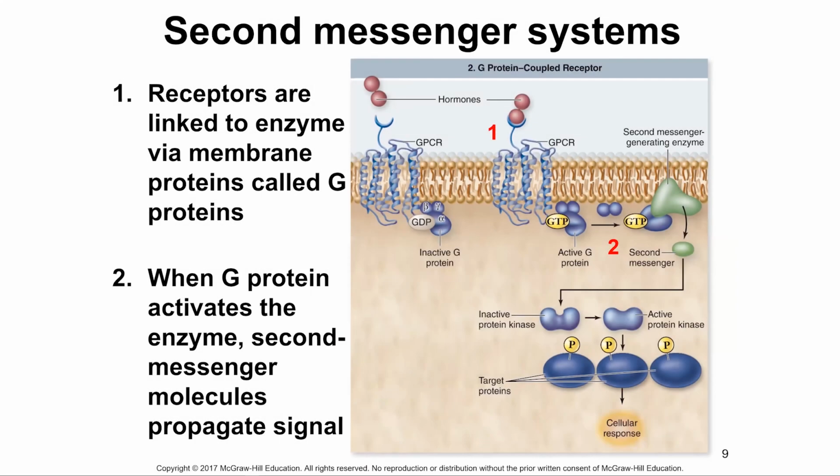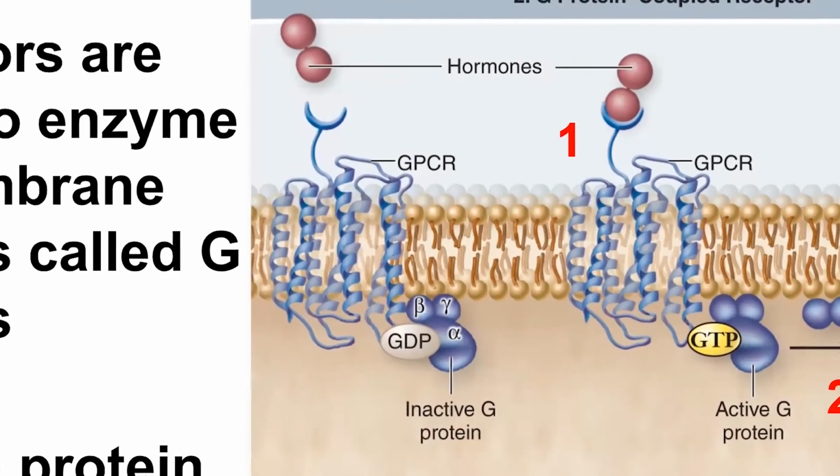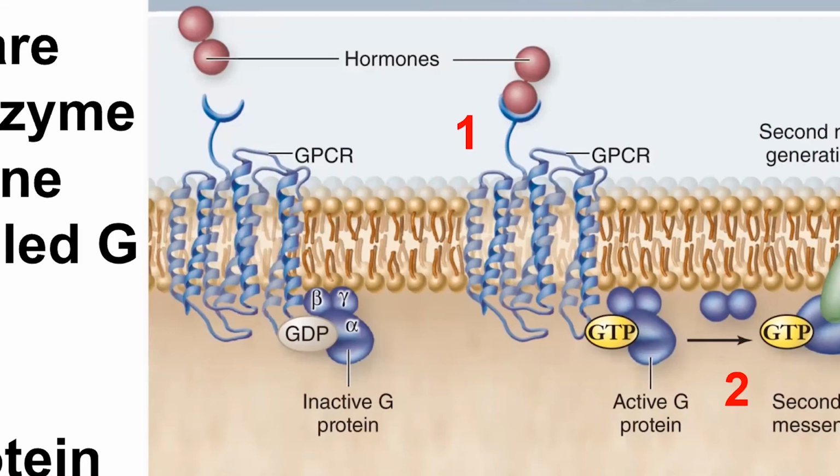Well, here let's go ahead and take a closer look at a second messenger system example, more of a generic example. So we see a G protein coupled receptor, which is going to bind the hydrophilic hormone. The binding of the hormone results in the activation of the G protein when GDP is replaced by GTP, which, by the way, is guanine diphosphate versus guanine triphosphate.